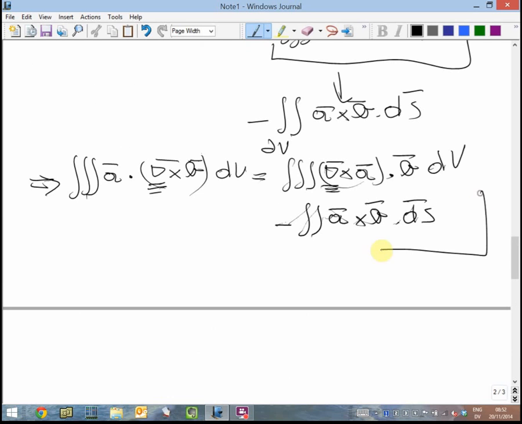So this is the little equation that we will be using to prove that our operator theta is Hermitian.